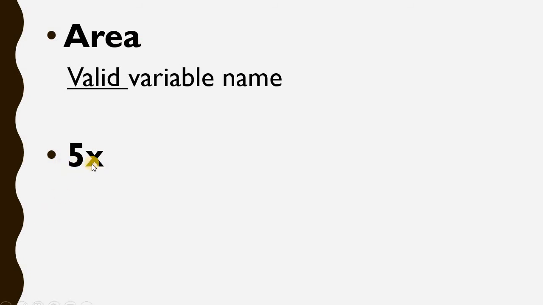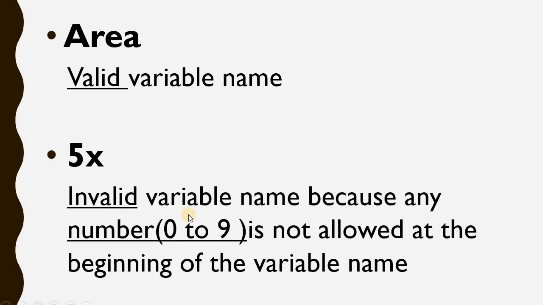Next one, 5x. Yeah, exactly. 5x is invalid variable name because numbers are not allowed in the beginning of the variable name. It could be a valid variable name if x5 was written here. But as 5x is written here, so it will be considered as invalid variable.